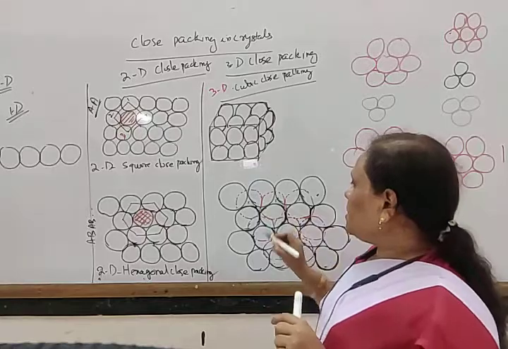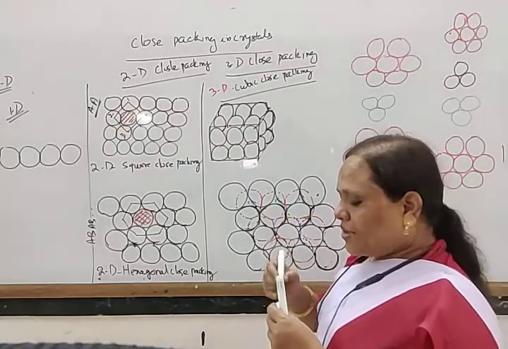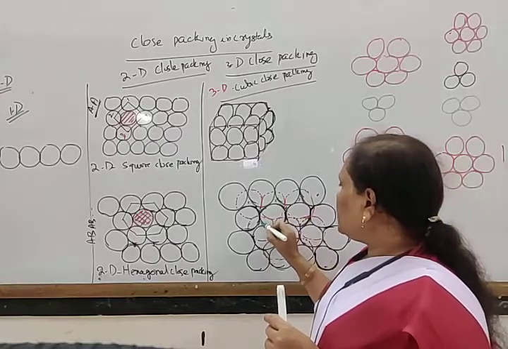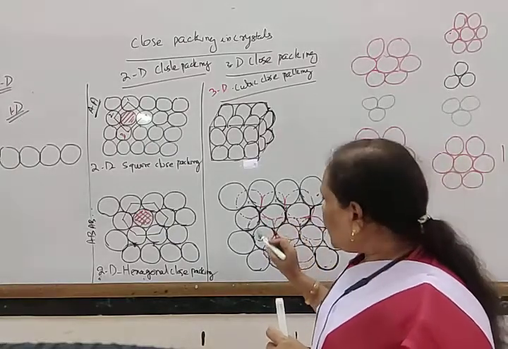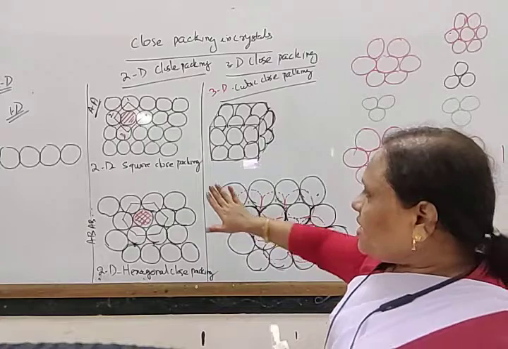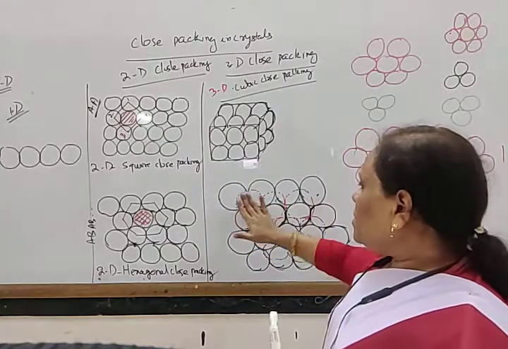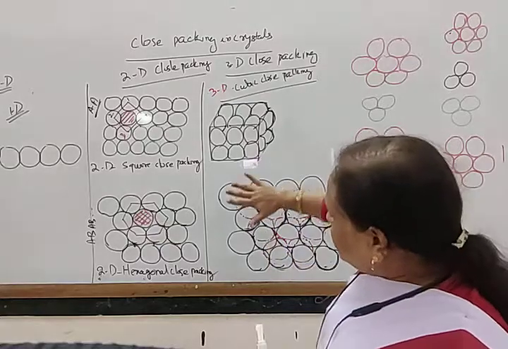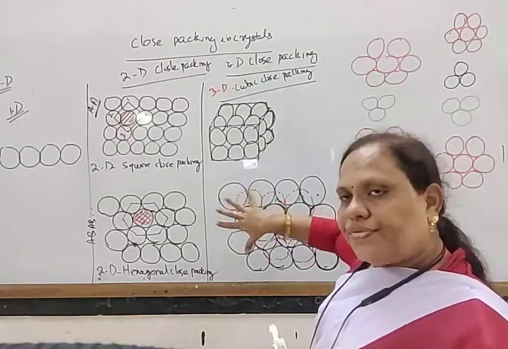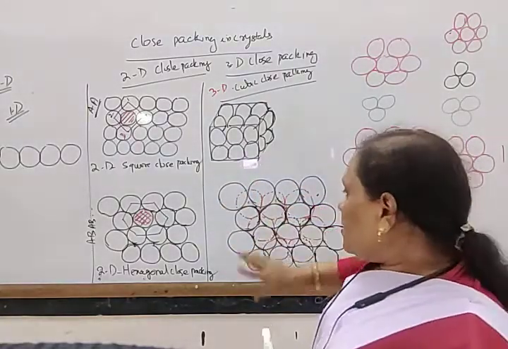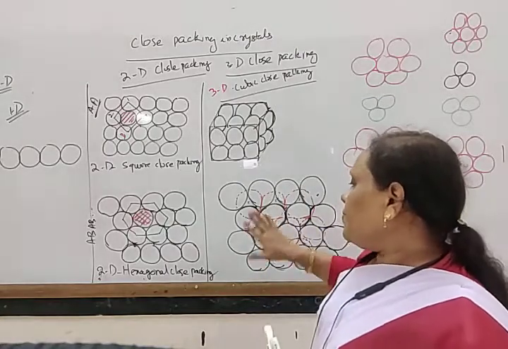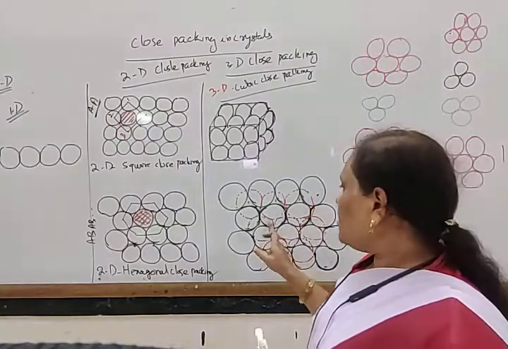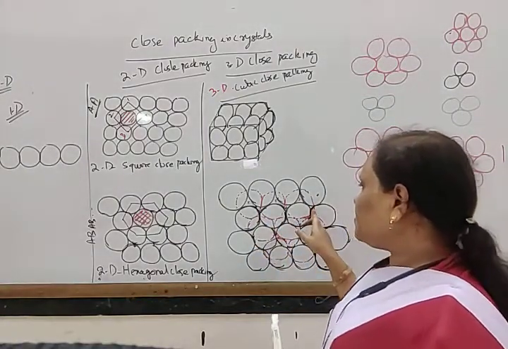The other type I have marked by dots. So the first layer gives two types of interstitial space, and when the second layer sits in the depressions of the first layer, either it can cover the cross interstitial space, or it can cover the dot interstitial space.